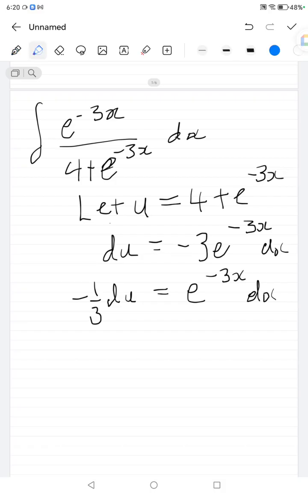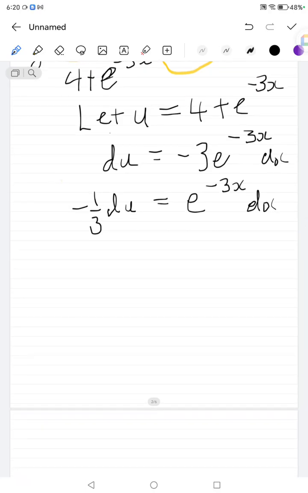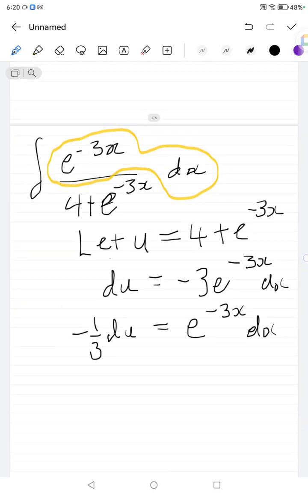this thing is done a little bit differently from the ones we normally do. So where you see e to the exponent minus 3x dx, you replace it with this one, basically this part here. You see? So what are we going to have? Then just go up.